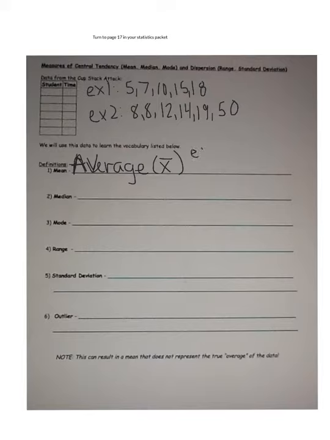So if we're looking at example number 1, if we take the numbers 5 plus 7 plus 10 plus 15 plus 18, we get a total of 55. And if we count up these numbers, there's a total of 5 numbers in the set, so we're going to divide by 5. We put this in our calculator, we get 11. This stands for your average of the first example.